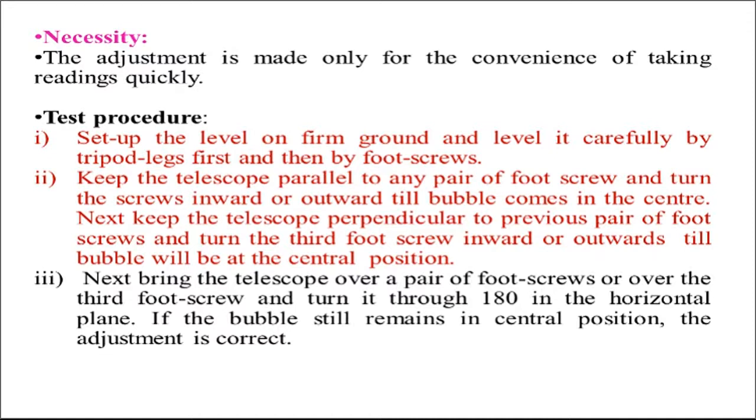Next, keep the telescope perpendicular to the previous pair of foot screws and turn the third foot screw inward or outward until the bubble is at its center position.